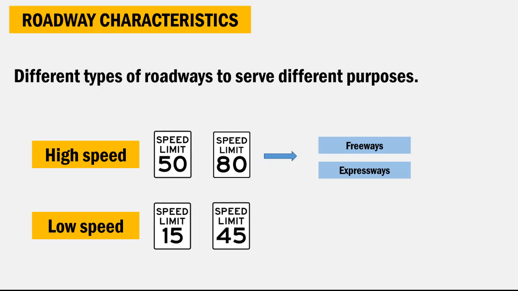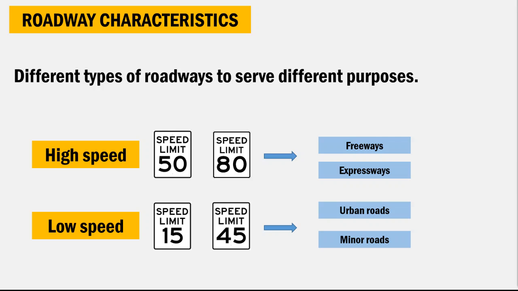Freeways with full control of access and expressways with partial control of access, which are able to serve higher volume traffic, fall under the high-speed roads. These roads often run cross-country joining multiple cities. Urban and minor roads such as arterial roads, boulevards, and avenues, with low capacity and lower speeds, serve the urban community and fall under low-speed roads.